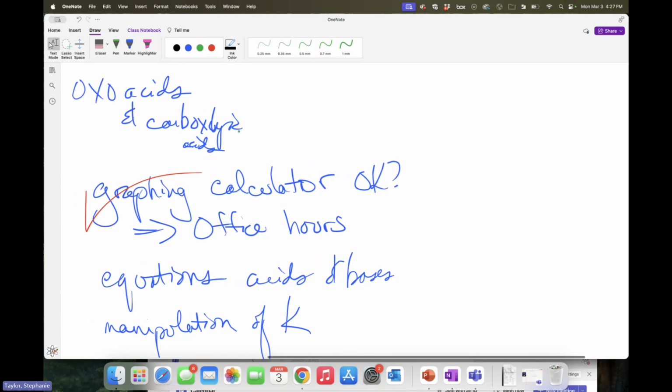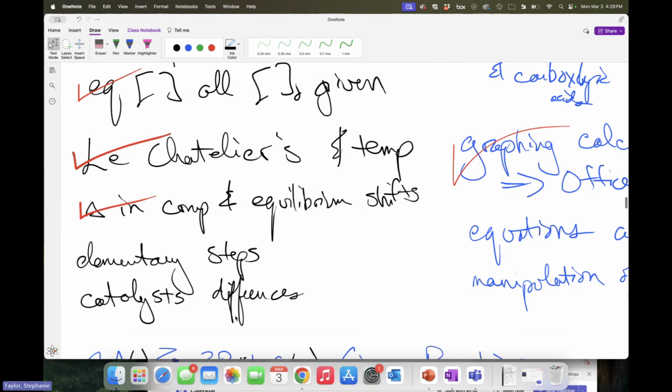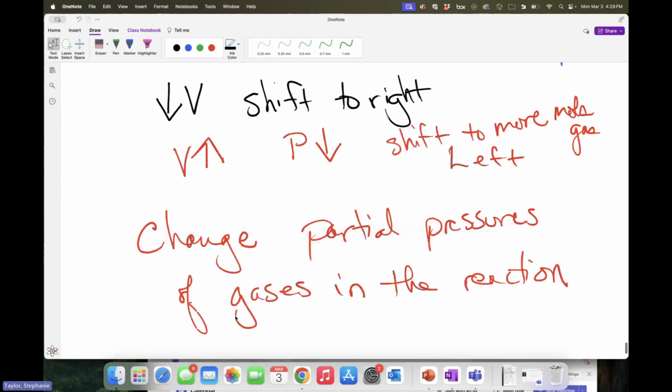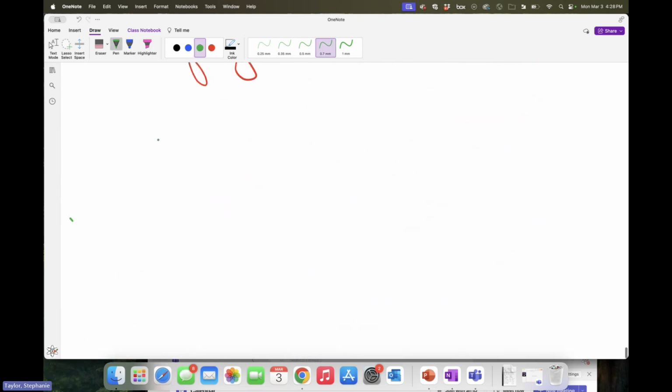Cool, thanks. Okay. So let's go ahead and talk about elementary steps and differences in catalysts. So first of all, you say differences in catalysts. I'm going to assume you just mean things about catalysts in general.